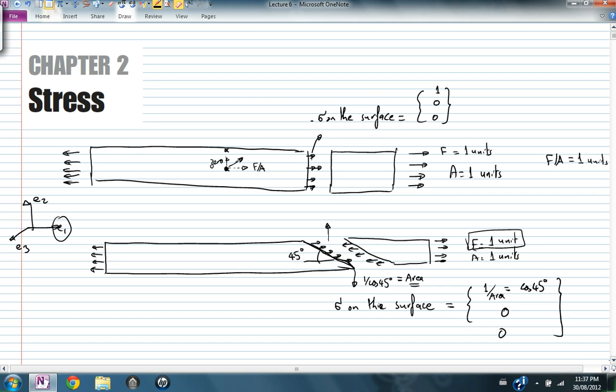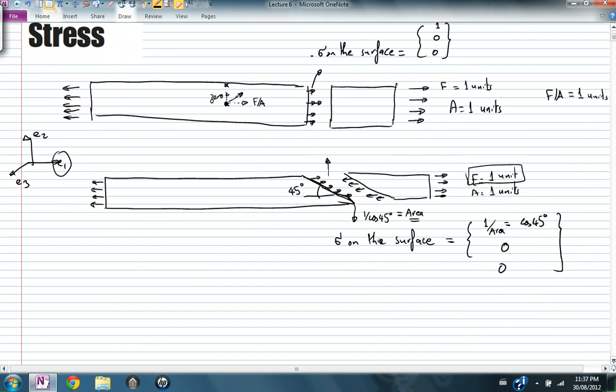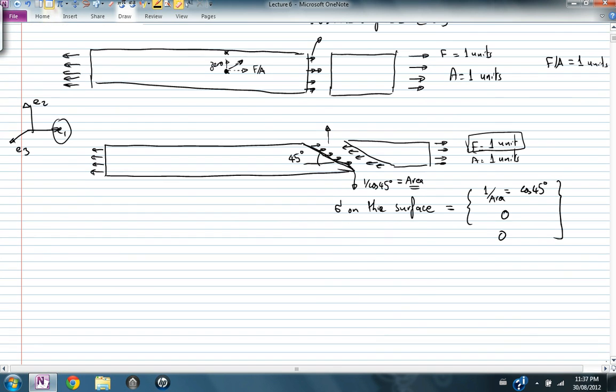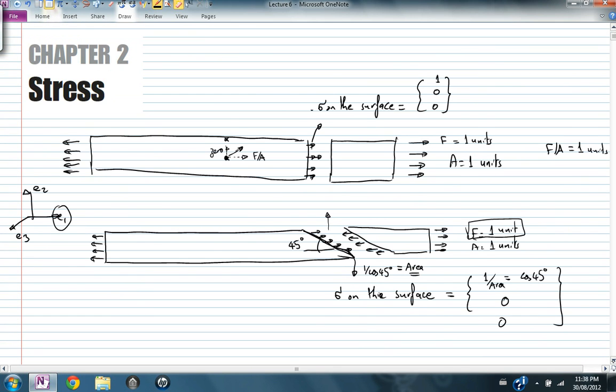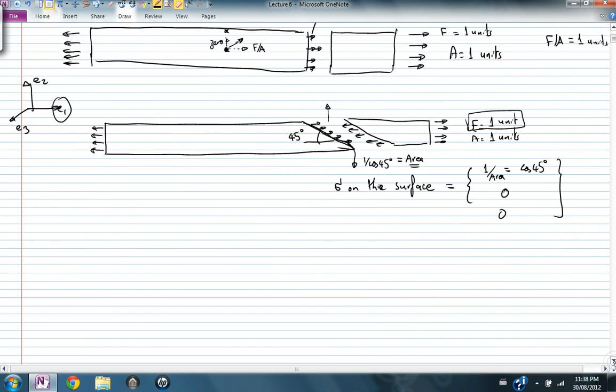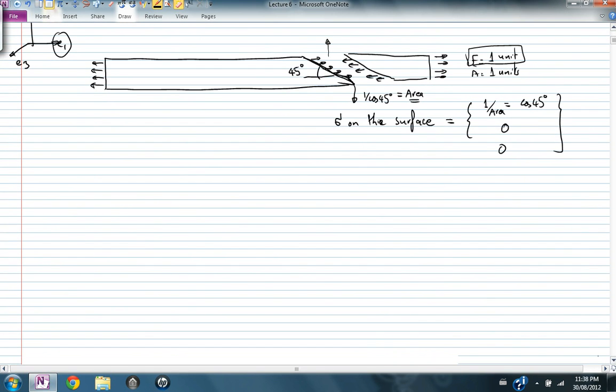Now let's separate the beam in a different plane. So I'm going to separate the beam horizontally. I'm going to cut it horizontally.